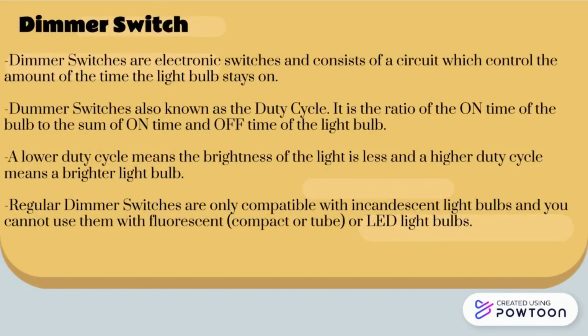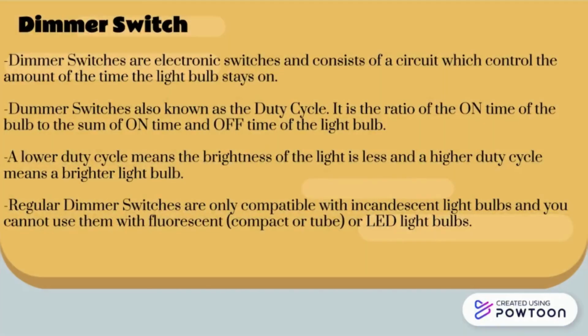Dimmer switch. Dimmer switches are electronic switches and consist of a circuit which controls the amount of time the light bulb stays on. This is also known as the duty cycle, the ratio of the on time of the bulb to the sum of on time and off time of the light bulb.